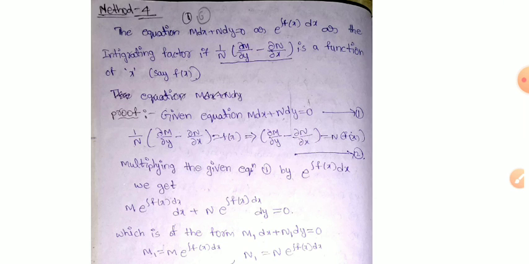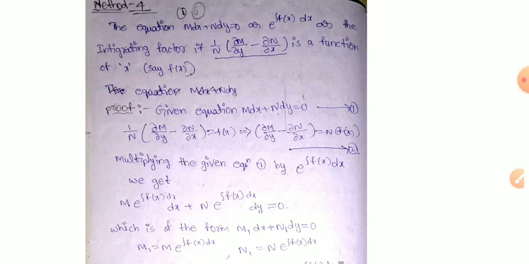Here the given equation M dx plus N dy equals 0 has an integrating factor. If 1/N times (∂M/∂y minus ∂N/∂x) equals f(x), then e raised to the integral of f(x) dx is the integrating factor of the given differential equation.